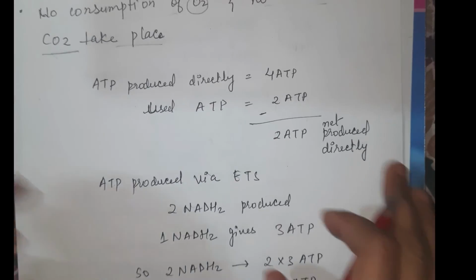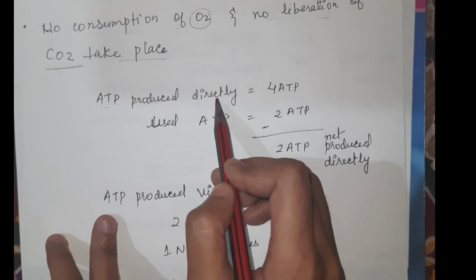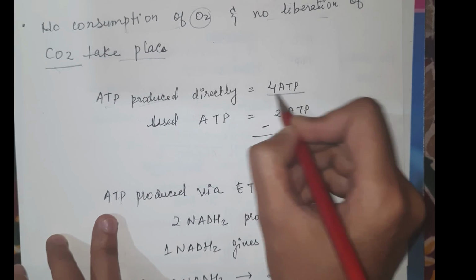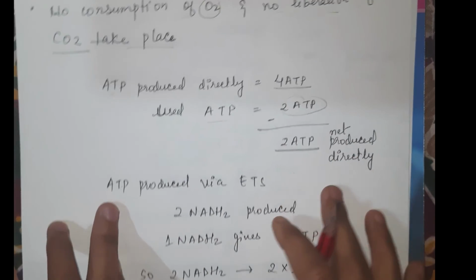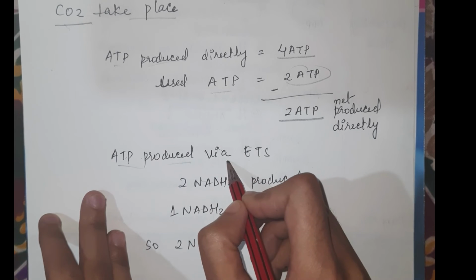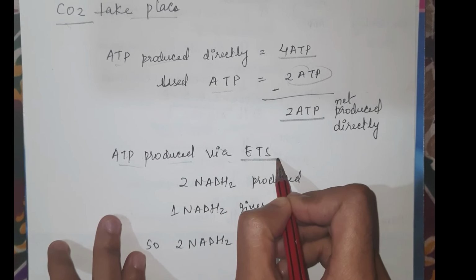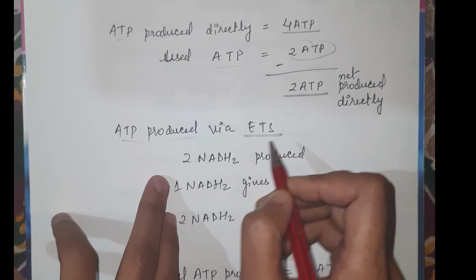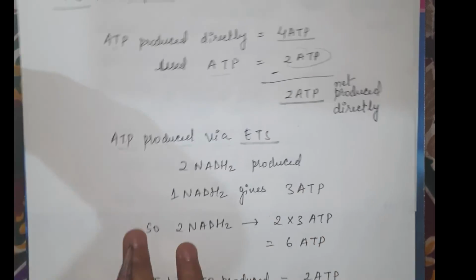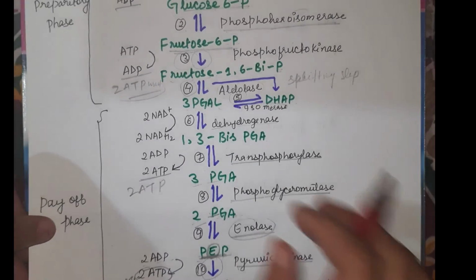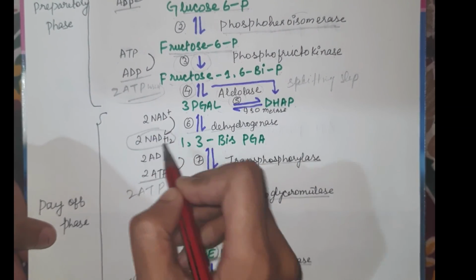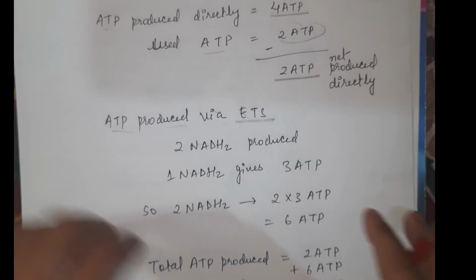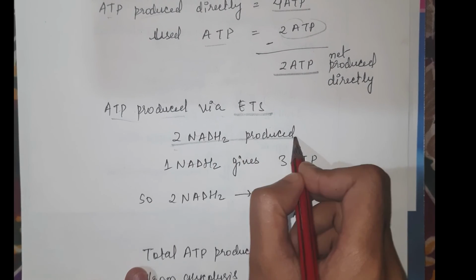Now let's see the calculations of ATP. ATP directly produced is 4 ATP, but ATP used is 2 ATP, so the net is 2 ATP. But there is also ATP produced via the electron transport system. Let's see. In the sixth step, 2 NADH2 are produced.